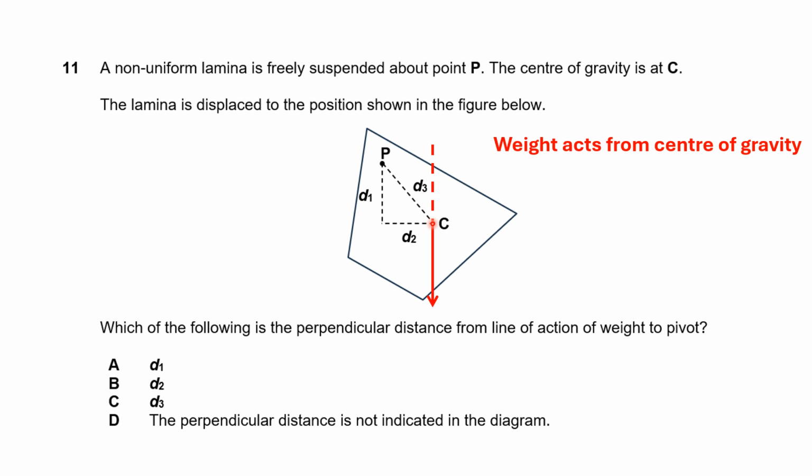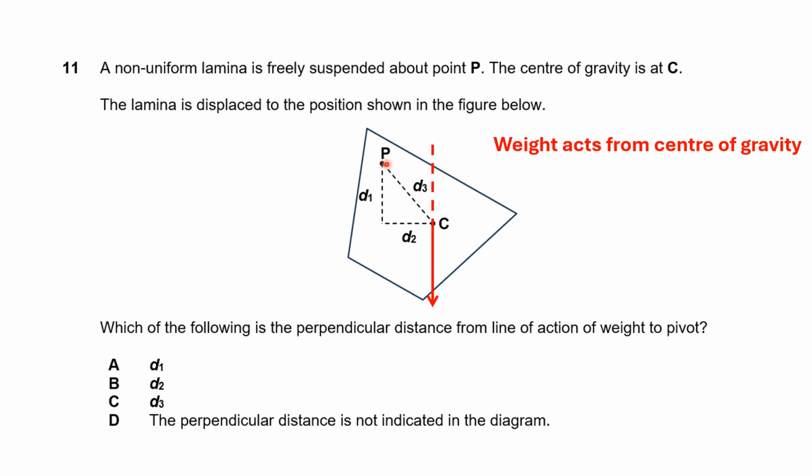Notice as well, even though I've got weight acting vertically downwards, I've also drawn a dotted line because the line of action extends beyond the weight. I do not have the space here, but the line of action could also extend downwards, but that's not necessary in this question. Next, I want the perpendicular distance from the line of action to the pivot.